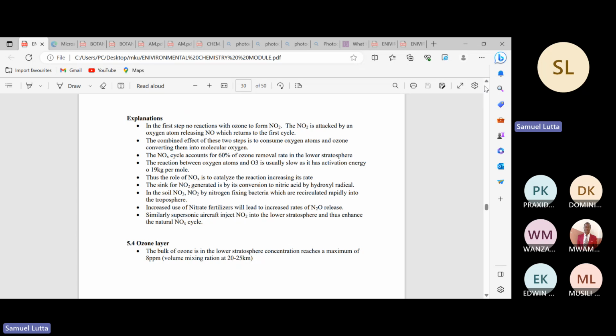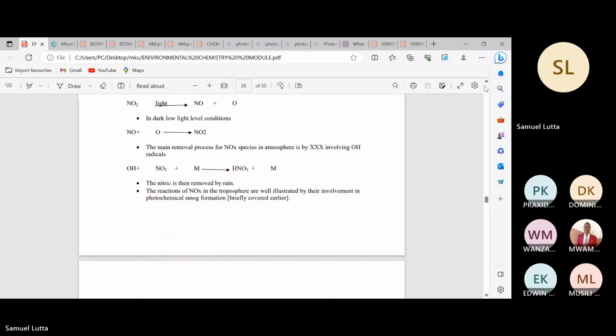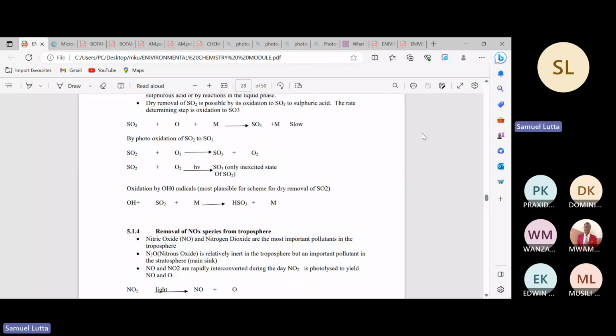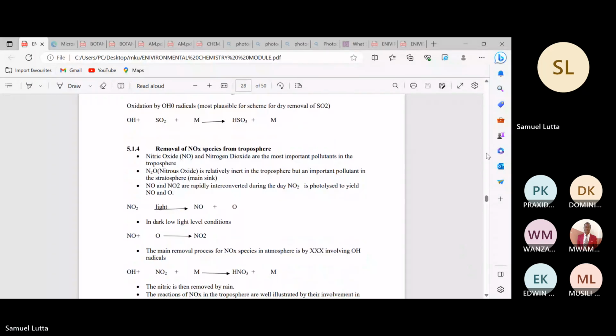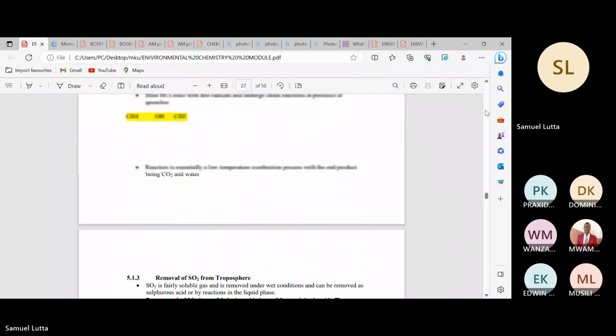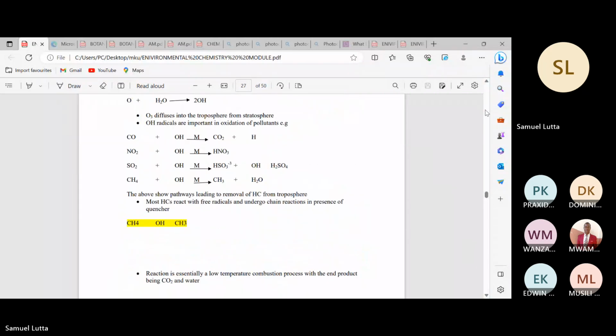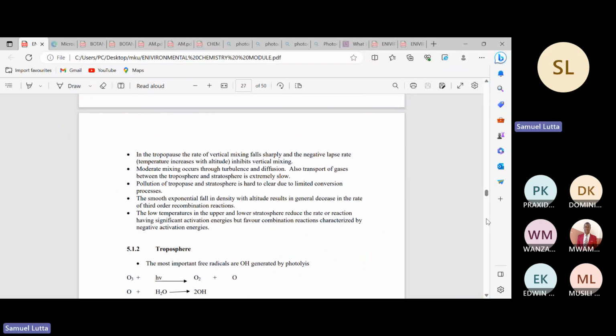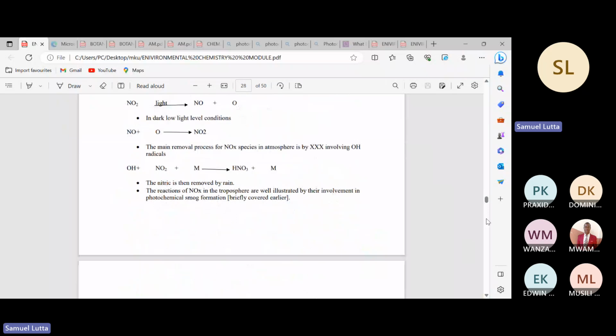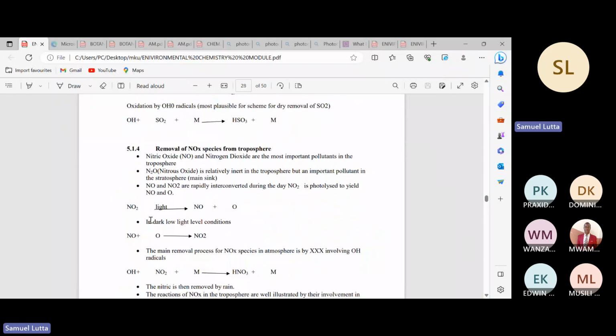I think we saw this reaction, if not here, maybe in yesterday's notes, where we were able to relate NO2.